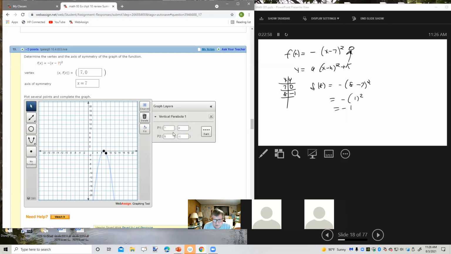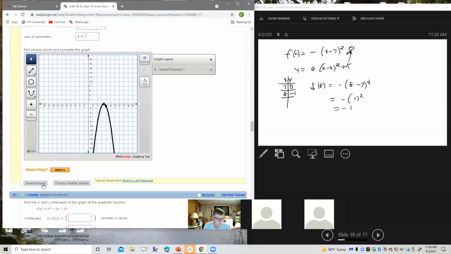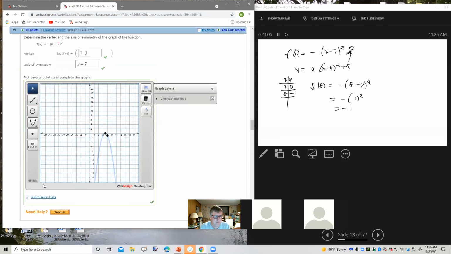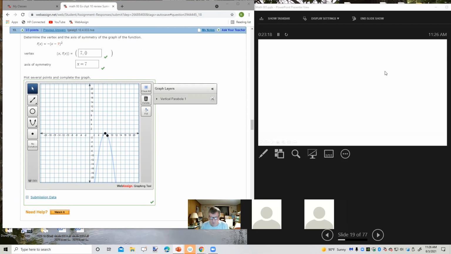Let's see it. 7, 0, 8, negative 1. Looks good. Okay. So there's graphing it in the form of y equals a times the quantity x minus h squared plus k. All right. Then we had the second form, which was this.